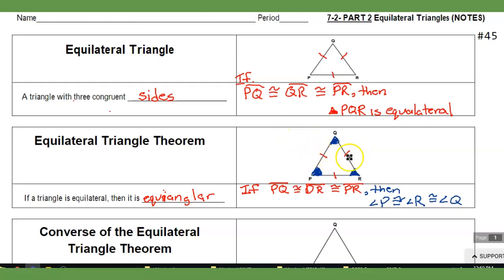If we had two legs of the isosceles triangle congruent, then the two base angles were congruent. So this is just extending it to all three sides.